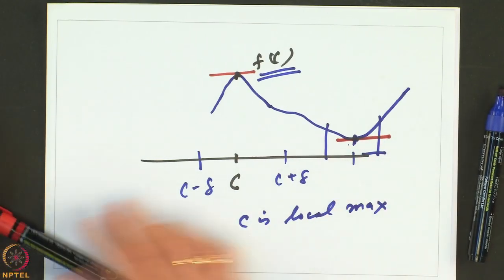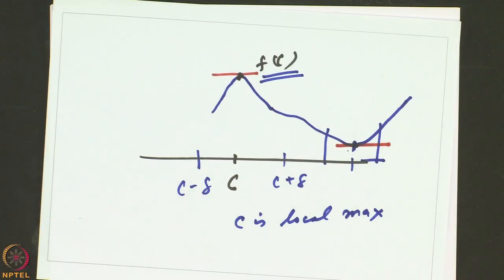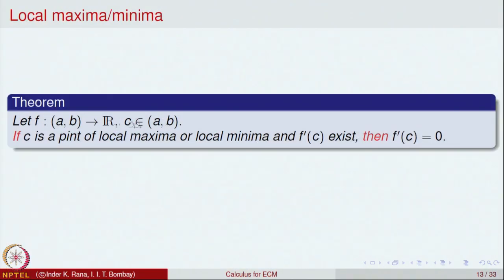So, that is what this theorem is saying. We will not prove this theorem, but we will just use it. This is intuitively the motivation for the theorem: if f is defined on an interval a b to R and c is an interior point, a point inside the interval a b, and at this point c is a point of local maxima or local minima, either of them, and the derivative exists, then the derivative must be 0.